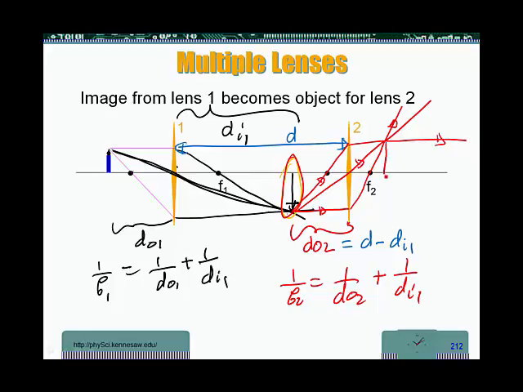So this is actually my final image. And this, let me erase it. Wonders of technology.